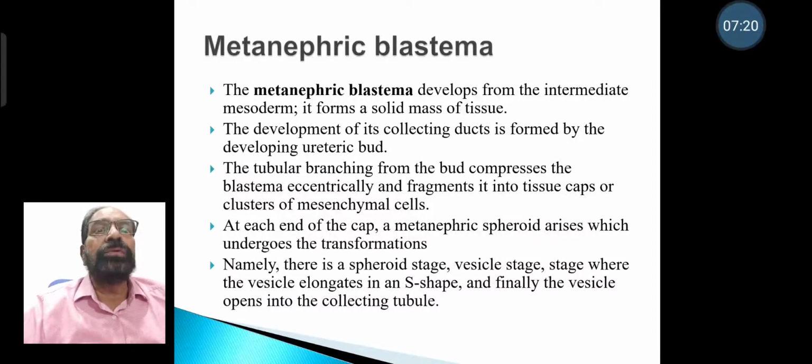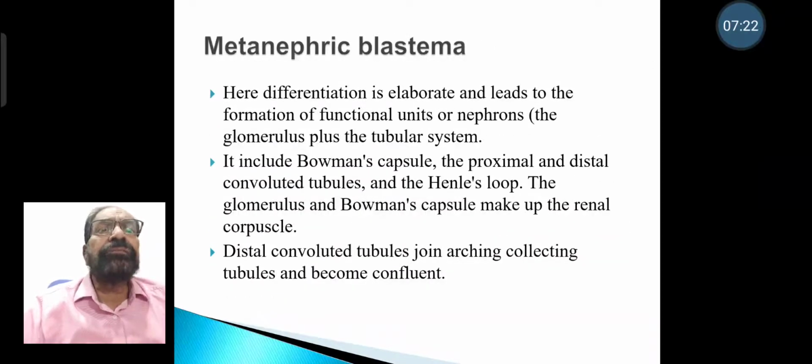Here the differentiation is elaborate and leads to formation of functional units or nephrons, the glomerulus plus the tubular system. It includes Bowman's capsule, the proximal and distal convoluted tubules, the loop of Henle, the glomerulus and the Bowman's capsule, which make up the renal corpuscle.